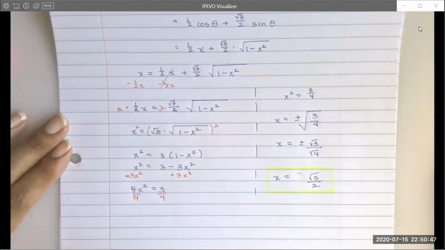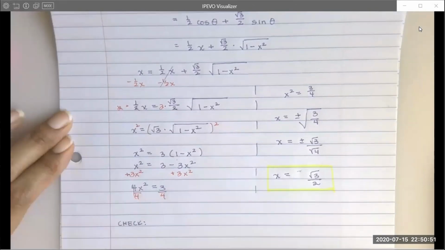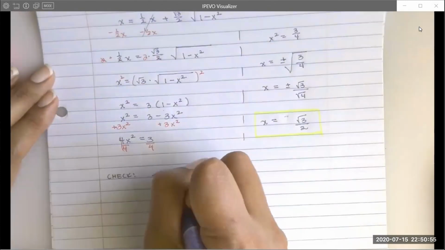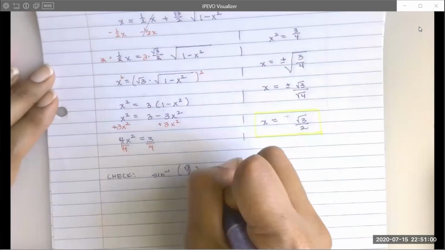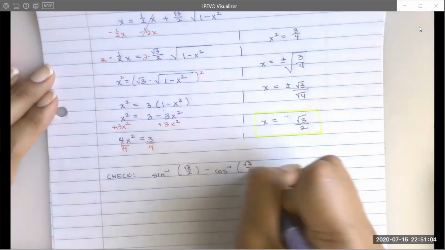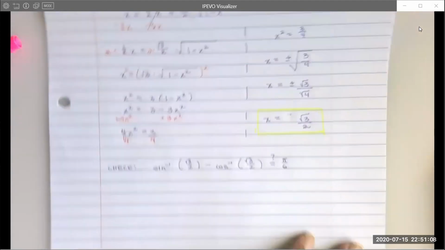We can go ahead and check. Is it true that sine inverse of radical 3 over 2 minus cosine inverse of radical 3 over 2 is equal to pi over 6? Well, let's check it out.